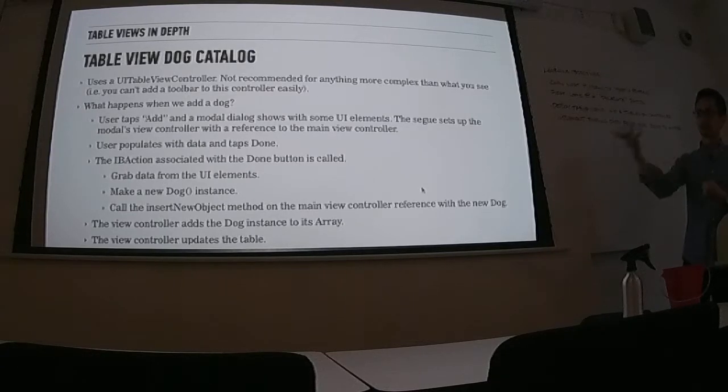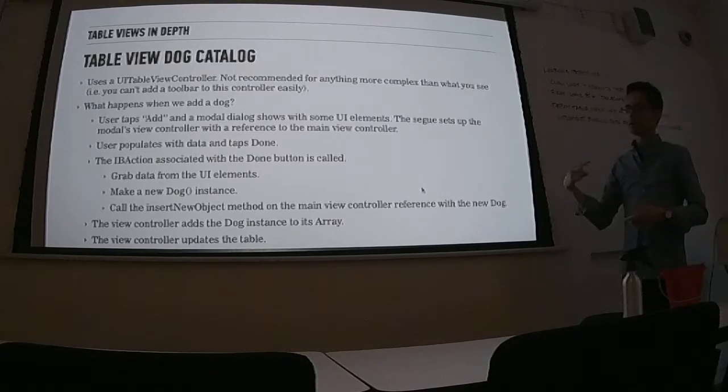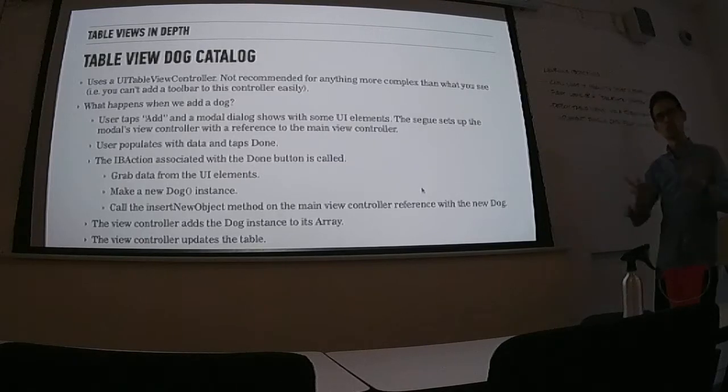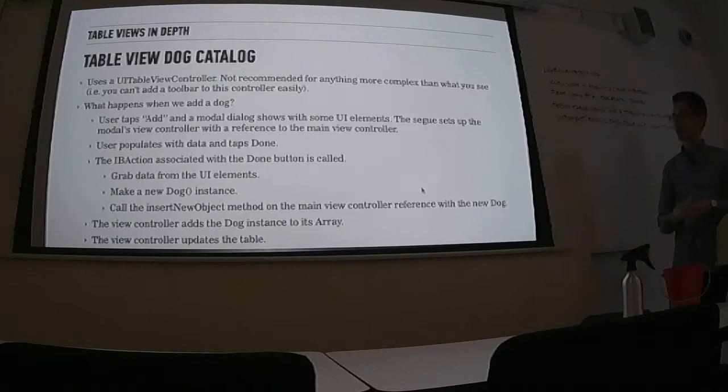What it does is grab the string that the user typed out of that UI element, and create a new instance of the dog class using that string value as its name property. Then we have a reference to the previous view controller, the one that has the table in it, and we call a method on it, insert new object.